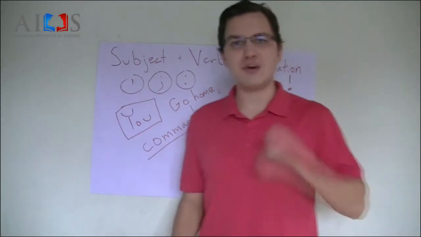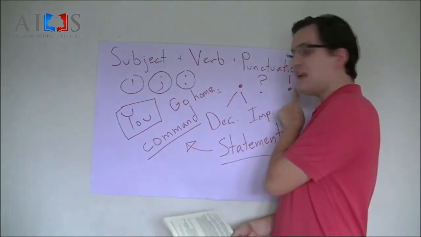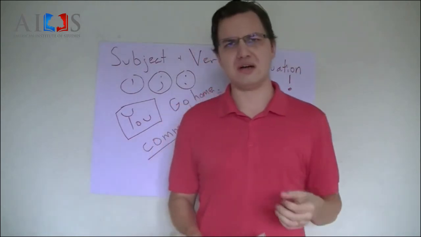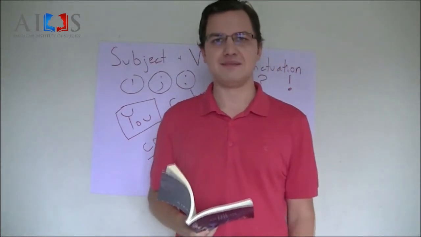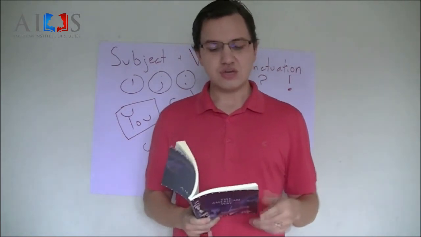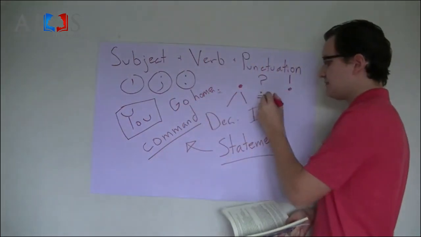If there's a lot of emotion, we'll talk about this in a minute, you use an exclamation point. But for now, these are very gentle commands, very soft. Please shut the door for me. Very polite and kind.